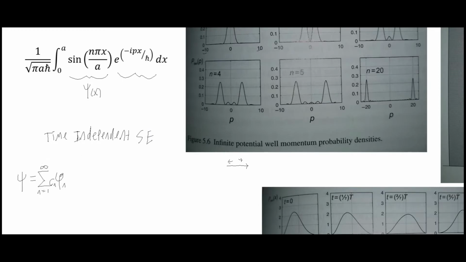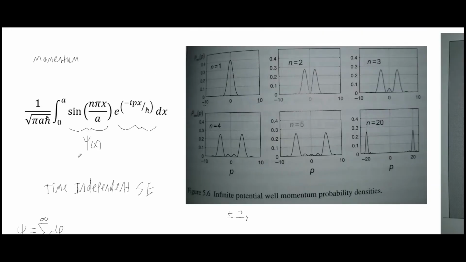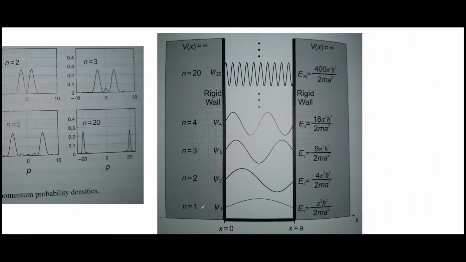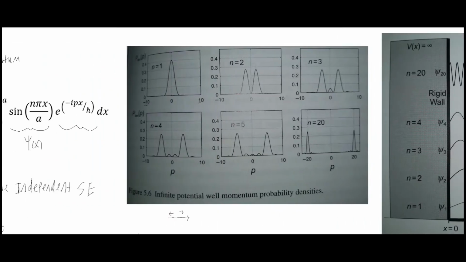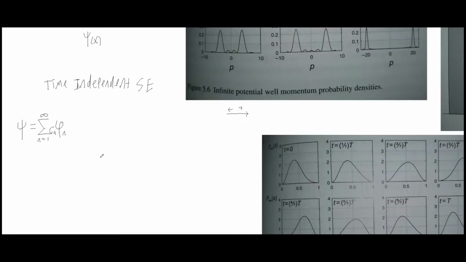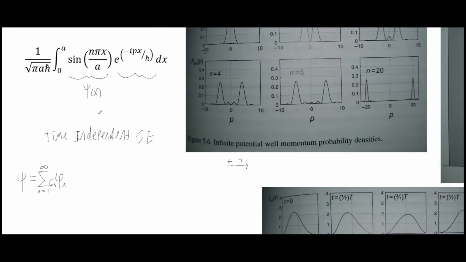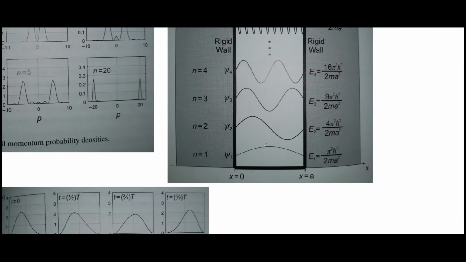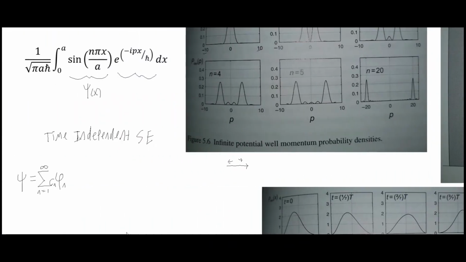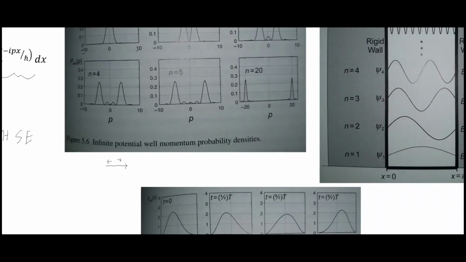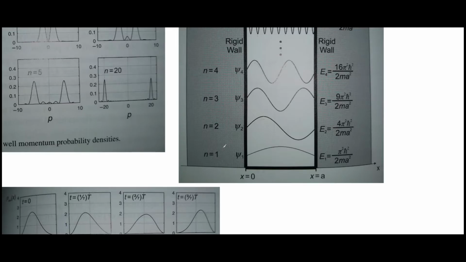But if we have a pure state, where it's purely n equals 1, there is no contribution from any of the other energy levels, then we would have a time independent state, and it would just sit there as a probability distribution like this. But when we start combining them into these linear combinations, then we have to bring in the time dependence, because now there is an evolution happening between, say, n equals 1 and n equals 2, for instance.